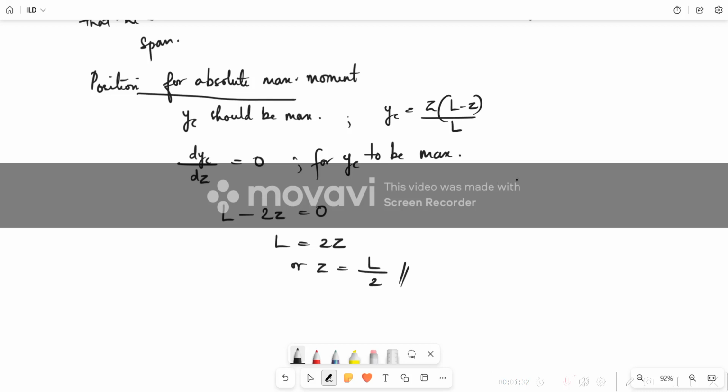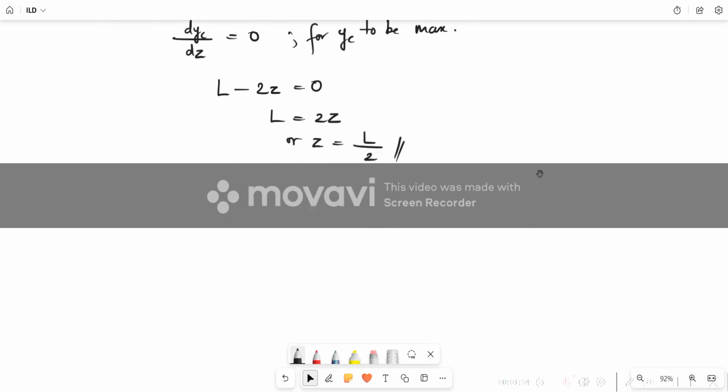So like we discussed in the earlier derivations, the result is absolute maximum moment occurs at midspan.